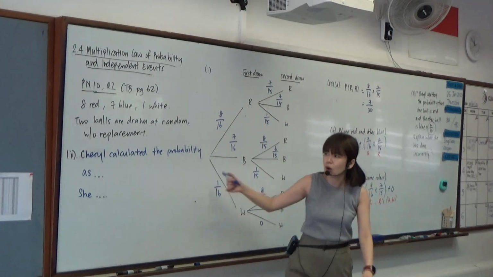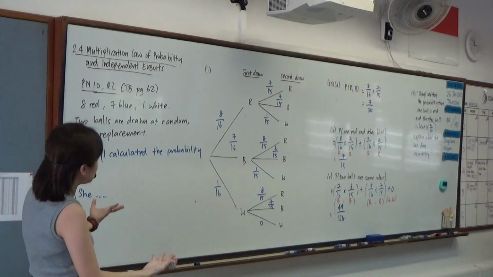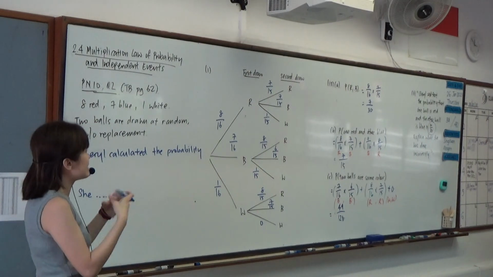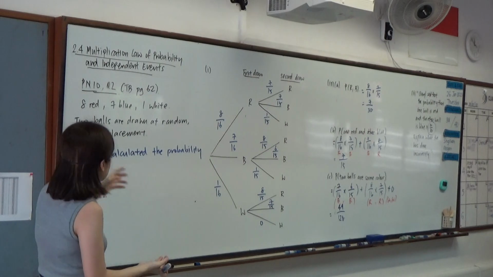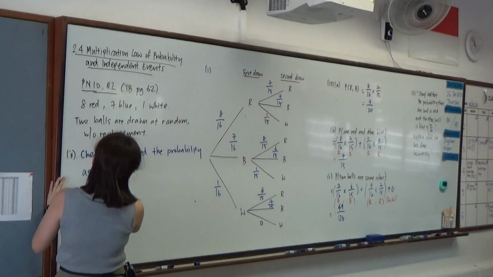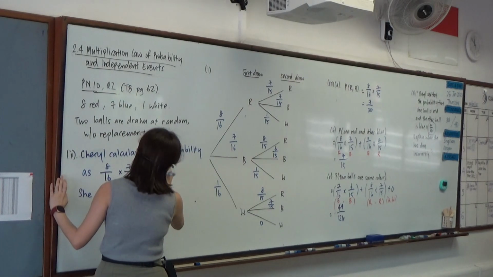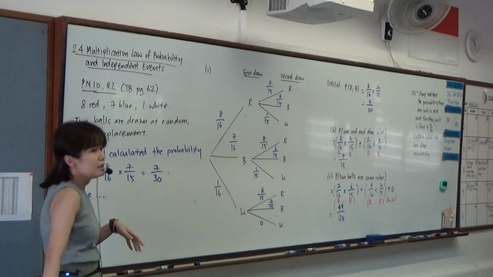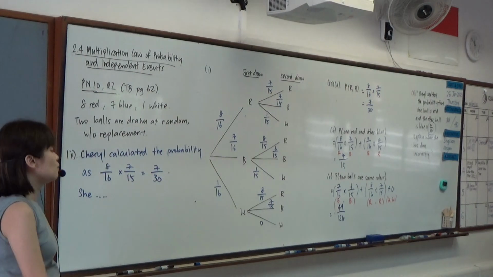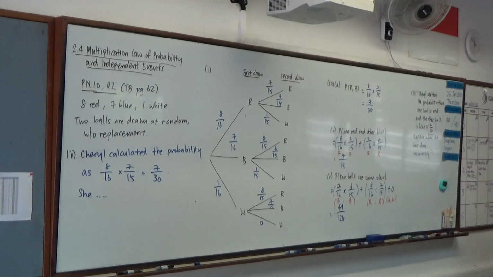So how to actually go about explaining? State clearly what she actually did in terms of the calculation. So she calculated the probability as 8 over 16 times 7 over 15 equals 7 over 30. Show that incorrect working. Then you need to explain what she did wrong.